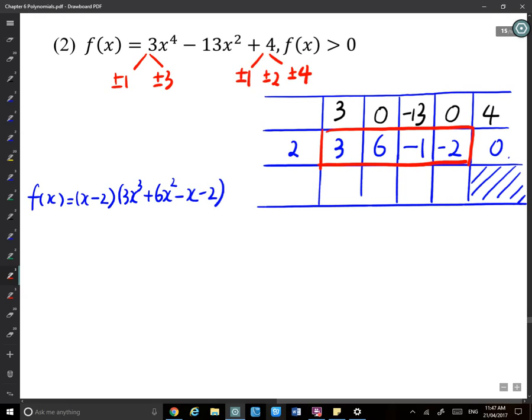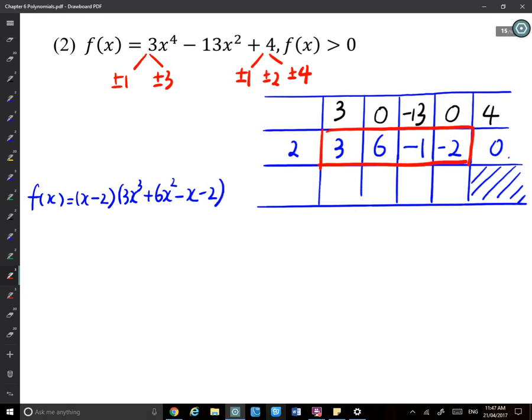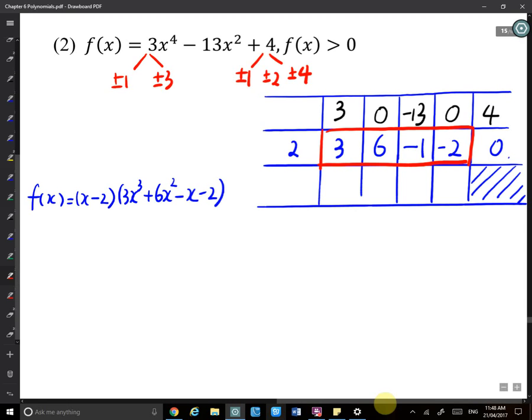If you set up another box, you have 3, 6, minus 1, minus 2, which is exactly the thing in the red box. You use that one as the new number and try another number. Let's try negative 2. I'll use green to try that.